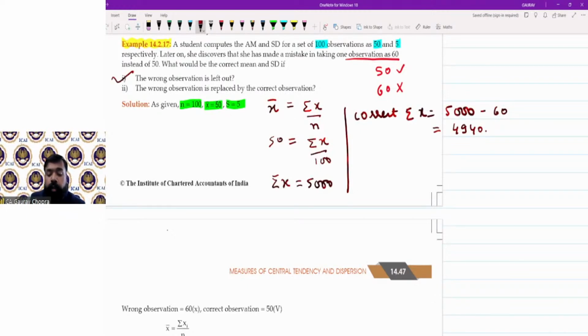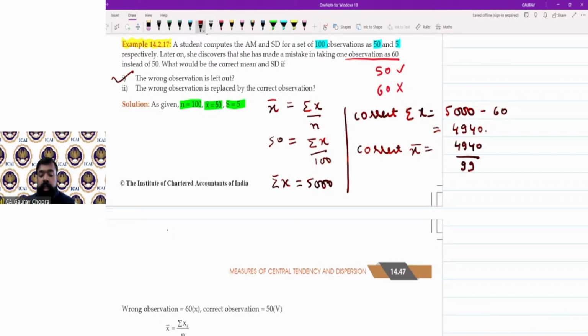Now you have to find out the correct x bar. So the correct x bar will be 4940 divided by 99, because the number of observations will now reduce by 1. So 100 minus 1, it becomes 99.